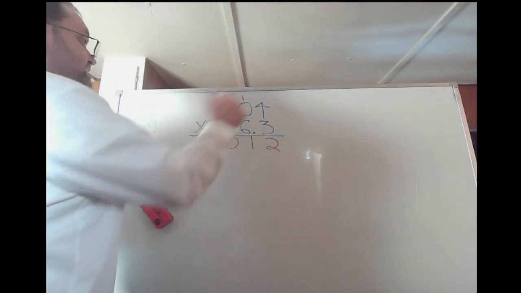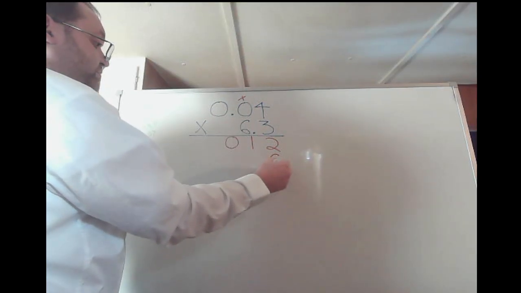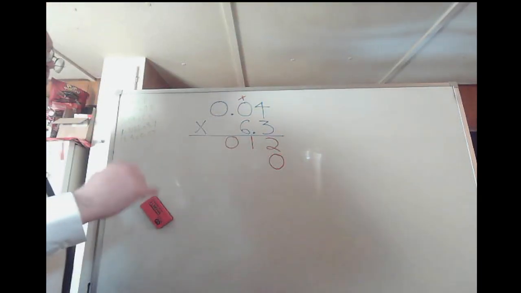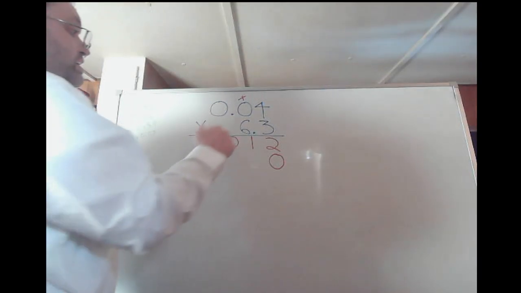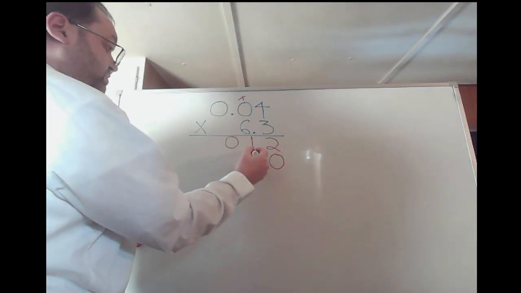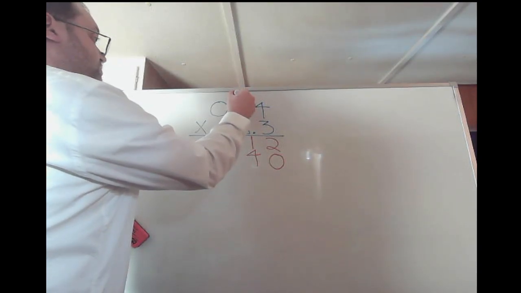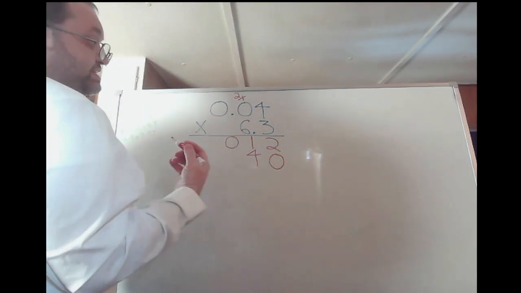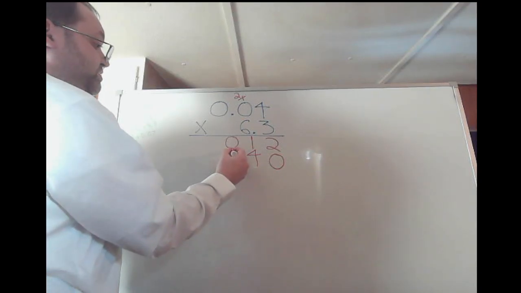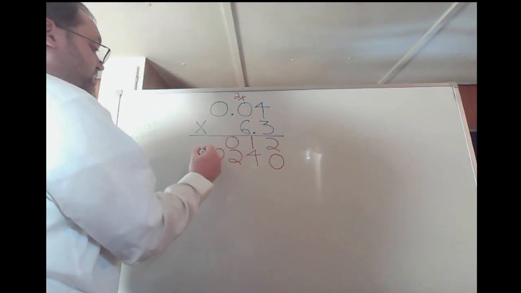Now, what we need to do is put a default 0 for the first number to the right since we're starting the second row. Now we deal with 6. You'll have 6 times 4 is 24, so you keep the 4, carry the 2. 6 times 0, that's 0, plus 2, that's 2. Then 6 times 0, well that's 0.